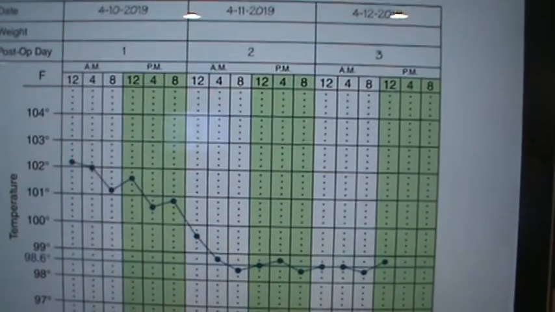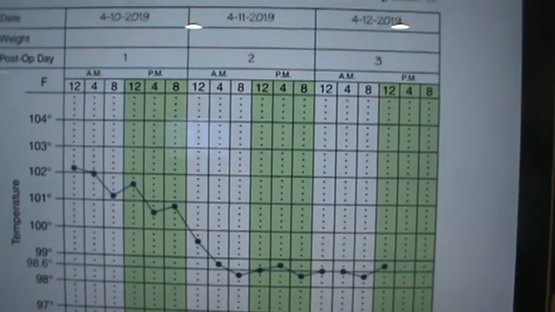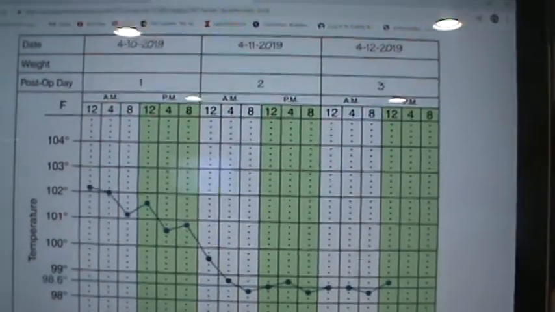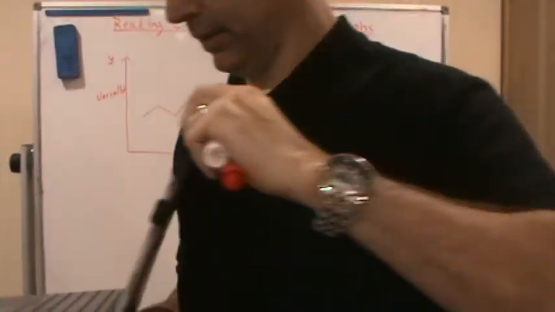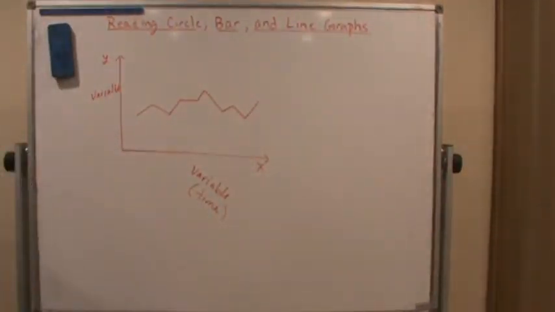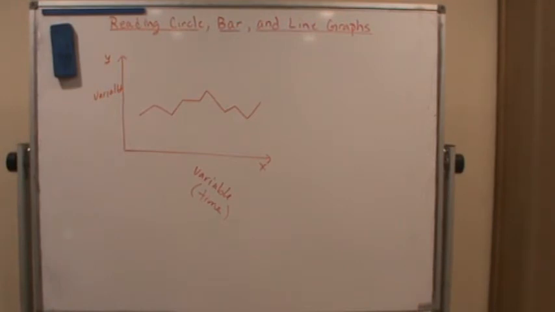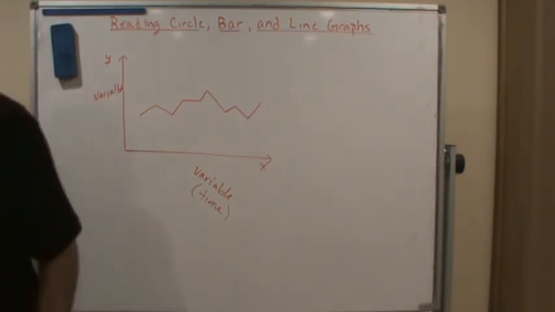So for a time period of 32 hours, the patient's body temperature was within 0.2 degrees of normal body temperature. And then of course, the highest body temperature recorded was at the very beginning at 102.2 degrees Fahrenheit.